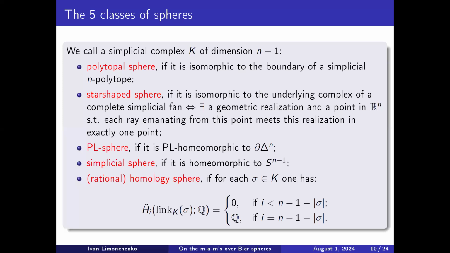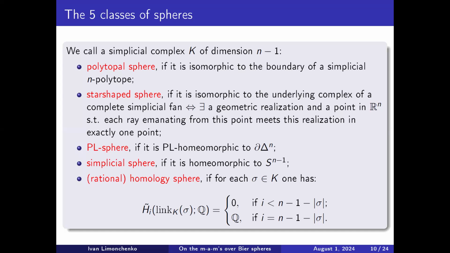If you have a fan, then you associate with it a simplicial complex, because from the definition of a fan, the intersection of cones is another cone, and all subcones are elements of the fan. So generally it reproduces the definition of a simplicial complex.